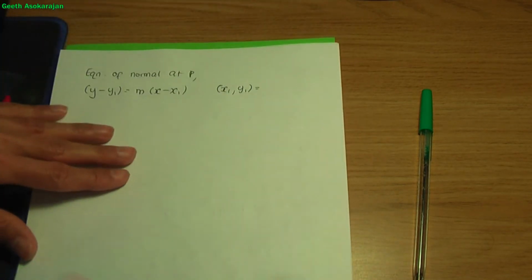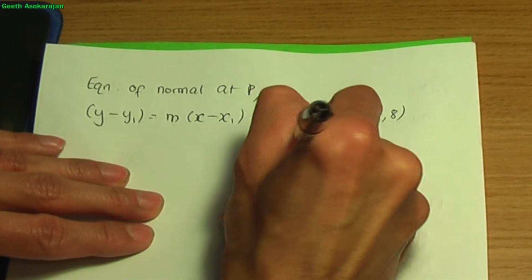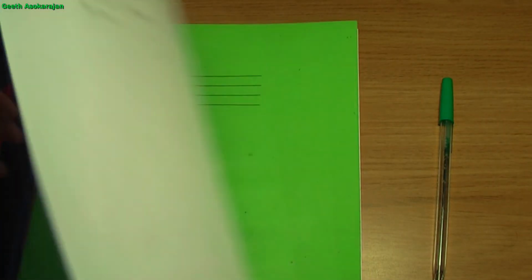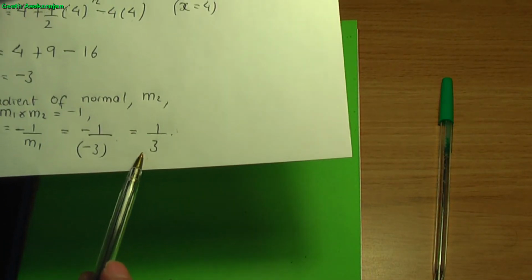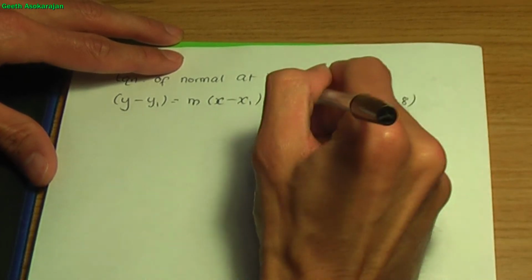So let's make a note, 4 and 8 for x1, y1. m is the gradient of the normal, m2. And let's remind ourselves, m2 is 1 over 3. So let's make a note, m2 is 1 over 3.